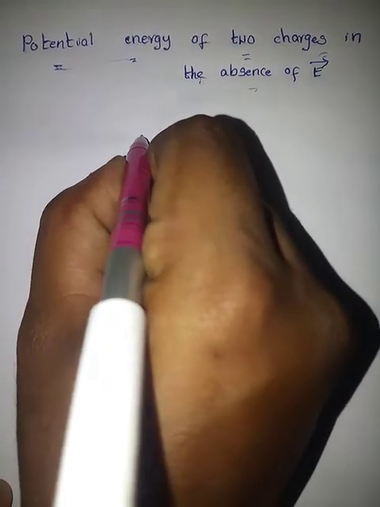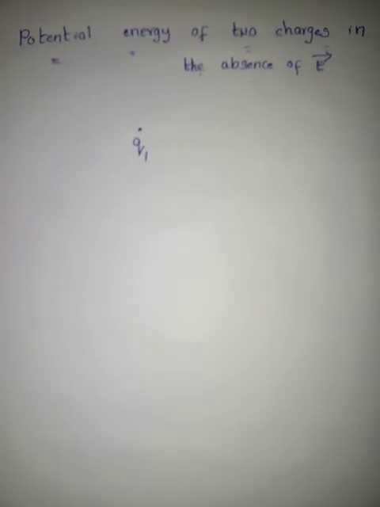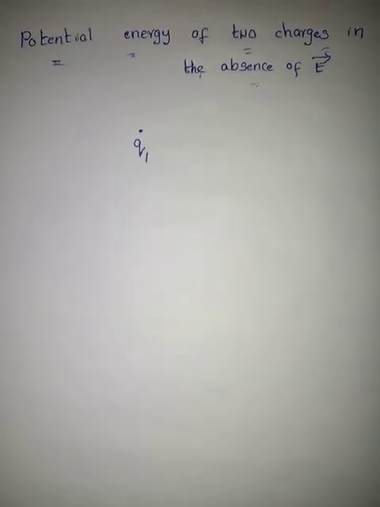Means we are not going to consider the charges in the presence of an external electric field. Let us consider an initial charge. The initial charge that is present on the surface is Q1. Now I want to bring a charge from infinity to a point at a distance r from Q1.